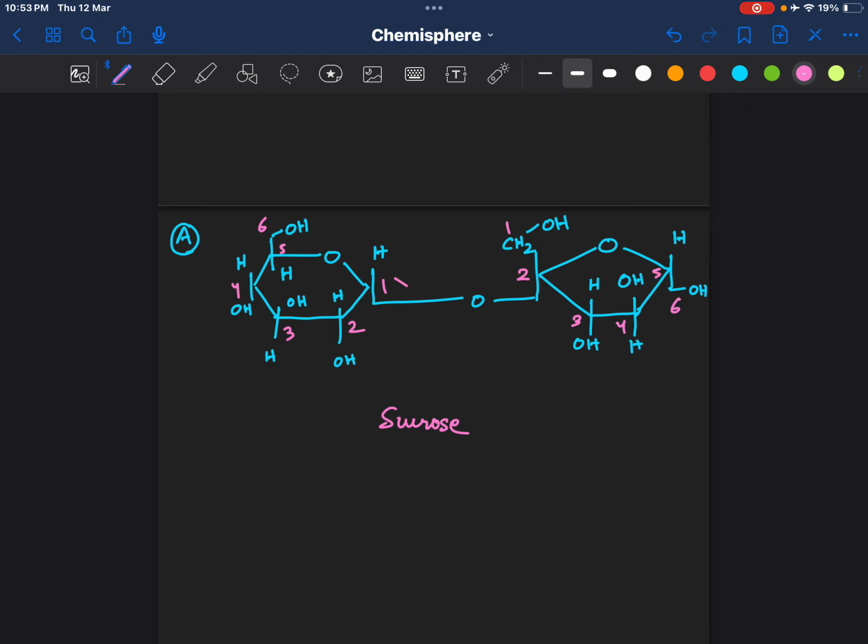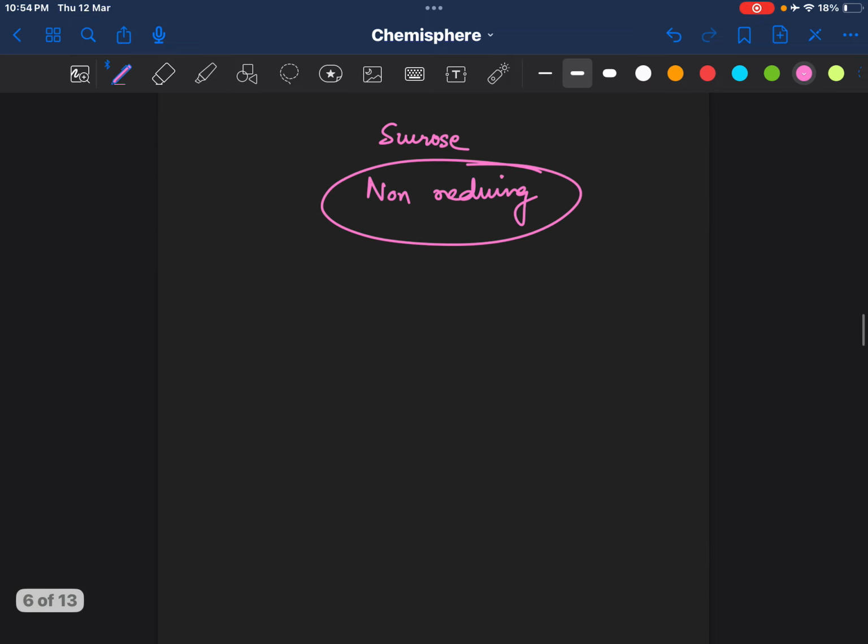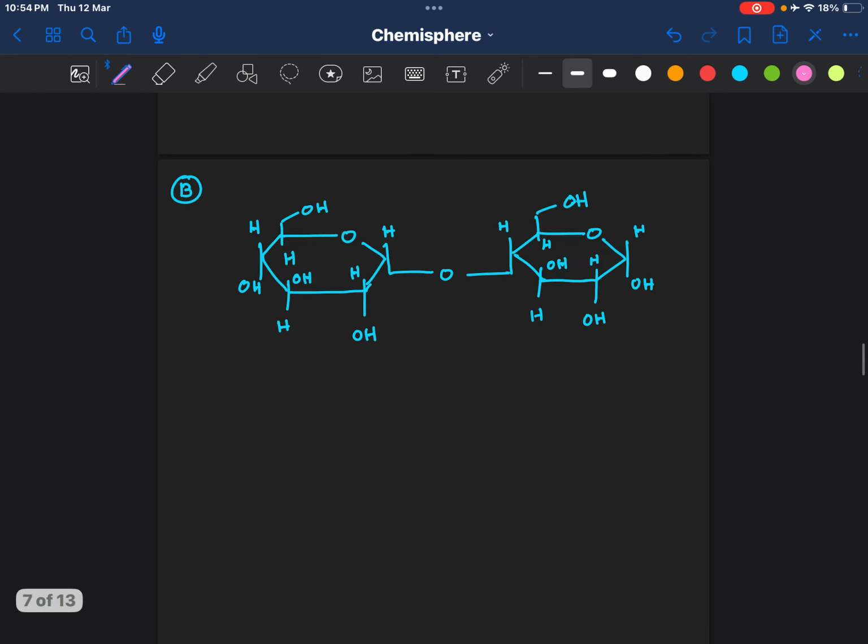I'm putting stars at the reducing centers: this is the reducing center of alpha D glucose and this is the reducing center of beta D fructose. Both are busy forming a glycosidic linkage. None of them is free to revert back to the aldehyde or ketone form and reduce Fehling solution or Tollens reagent. Therefore, this is non-reducing. Let us look at the next options.